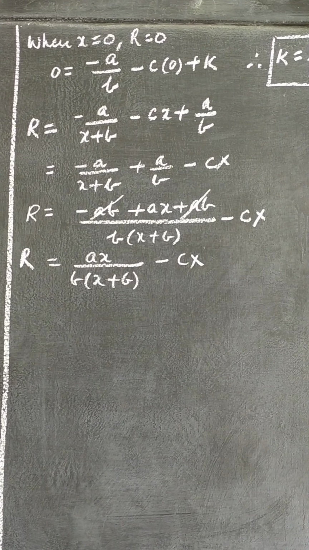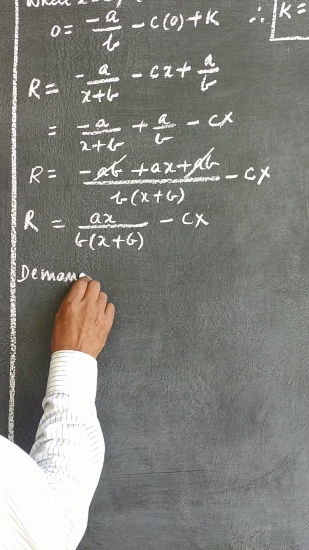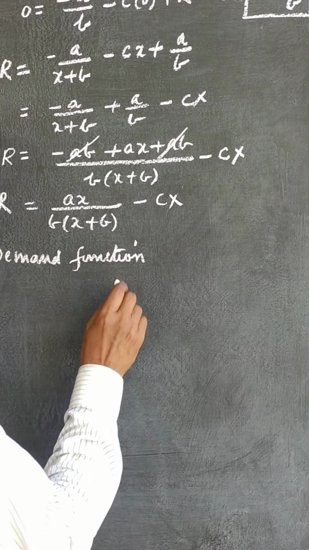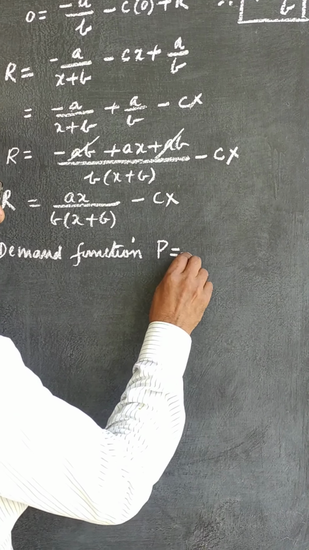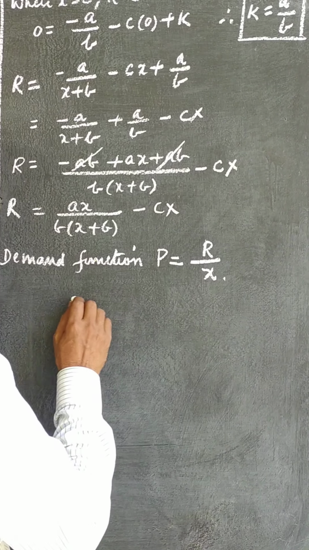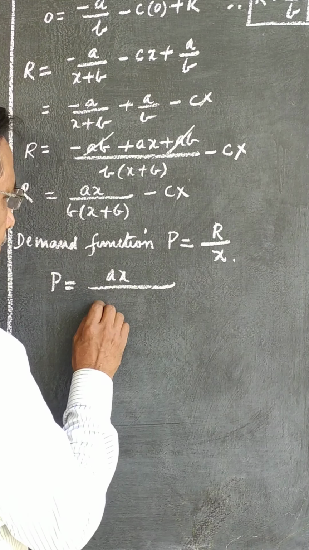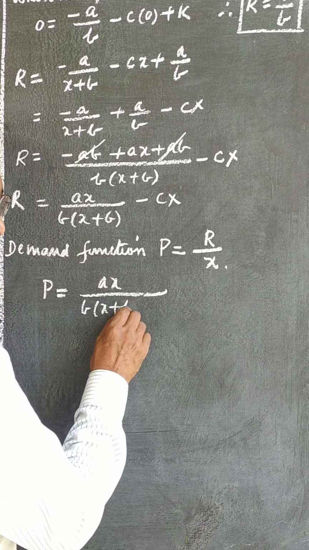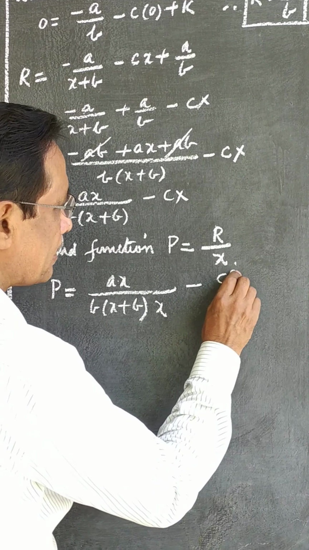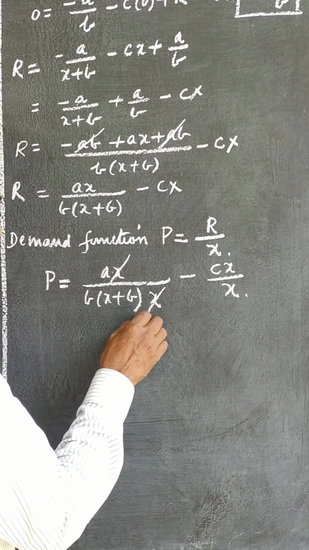Now we are asked to find out the demand function. For getting the demand function, P is equal to R divided by X. That is nothing but P is equal to AX by B into (X plus B) divided by X. Here Cx should also be divided by X. This X and X gets cancelled.